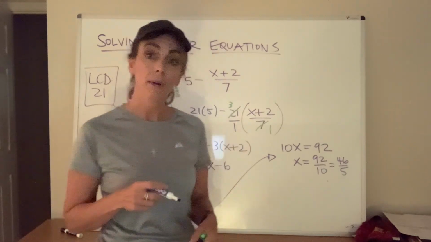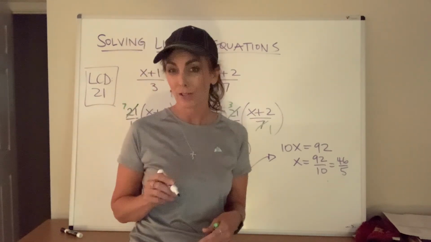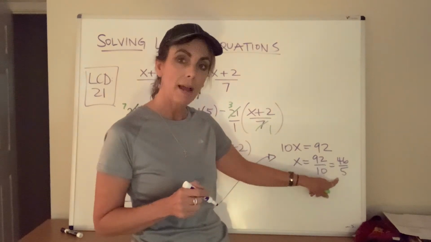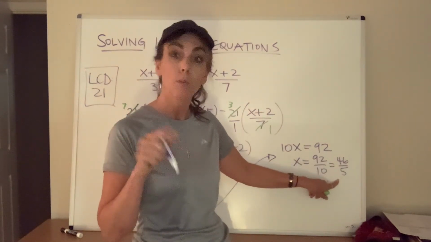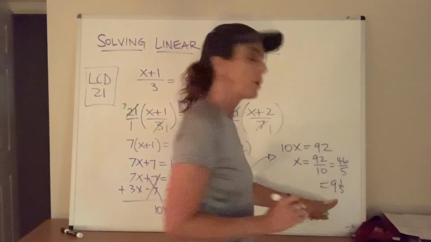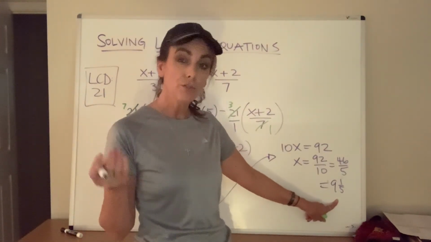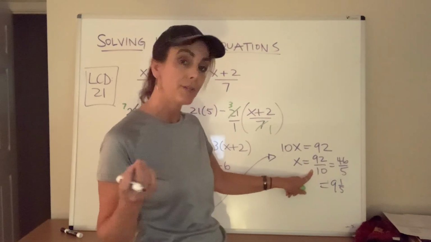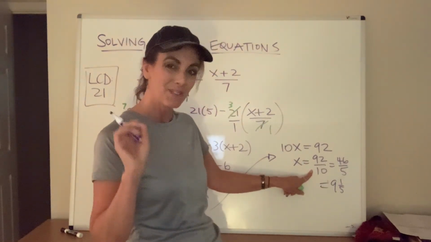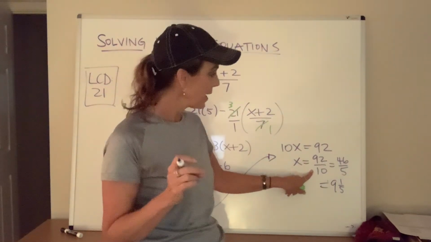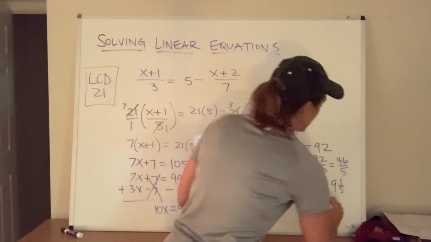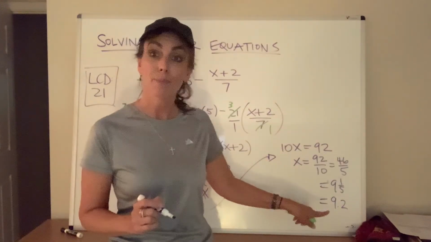Now you could also write that as a mixed number. Do you remember how to do that? Divide the 46 by 5 and it goes in 9 times with 1 left over. So it would end up being 9 1/5. All right, and then I could also think about it as a pure decimal. As long as the decimal terminates, it's good. So that's the same as 9.2.